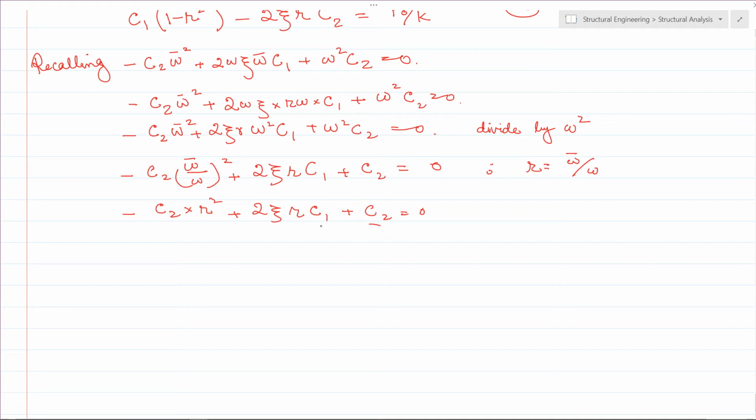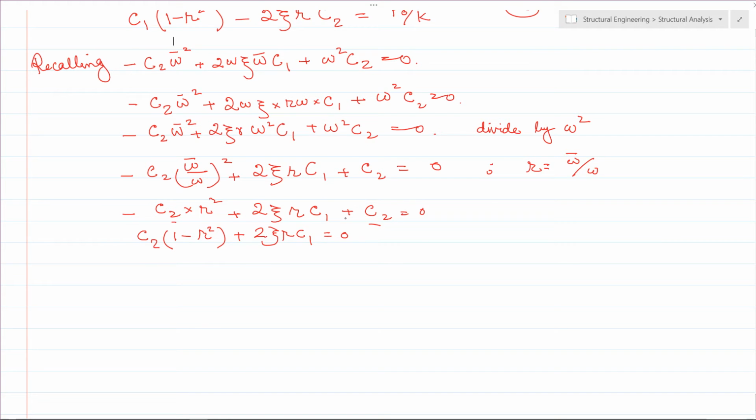We can take C2 common. So if C2 is common, then it will be 1 minus r square plus 2 xi c r C1. This will be equal to 0.